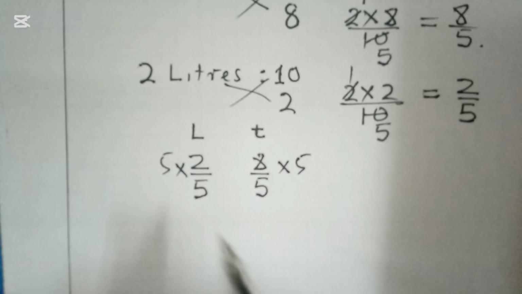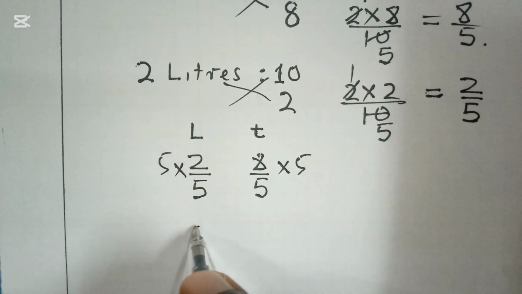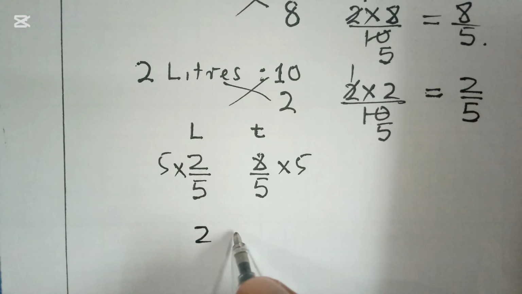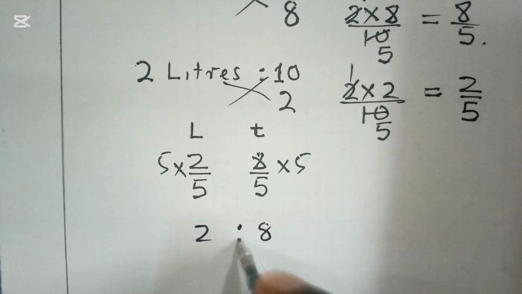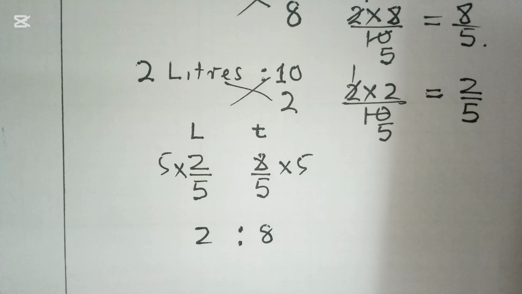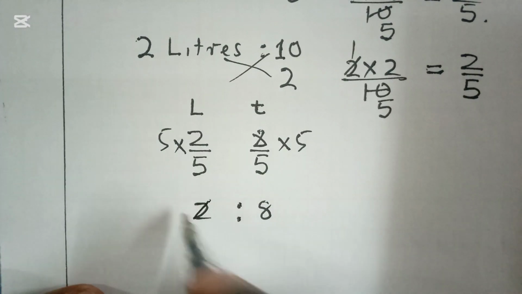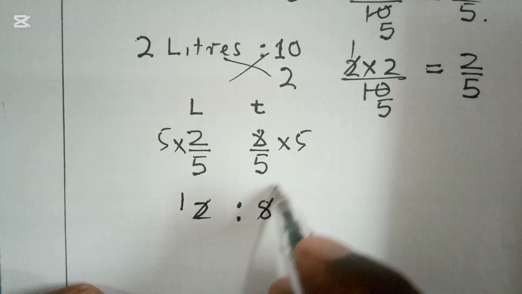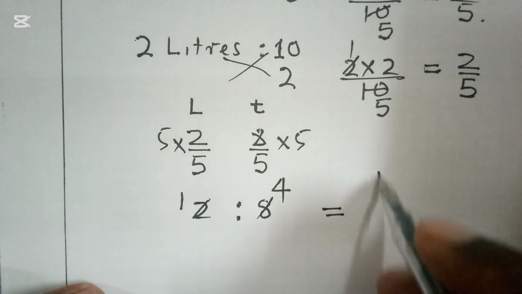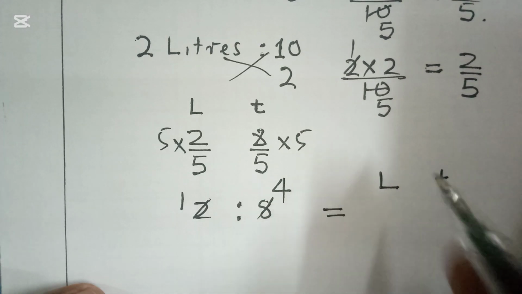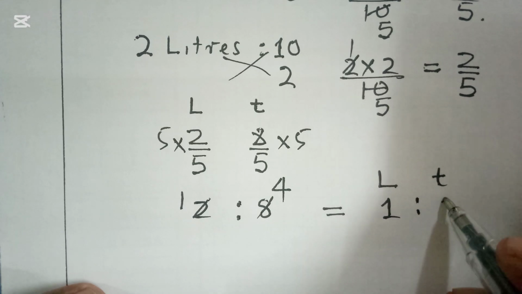And so therefore, our ratio as whole numbers is going to be 2 to 8. And in case we can even divide by 2 there, 1, divide by 2, 4. So essentially, guys, we are going to have liquor to thinner as 1 part for liquor, 4 parts for thinner.